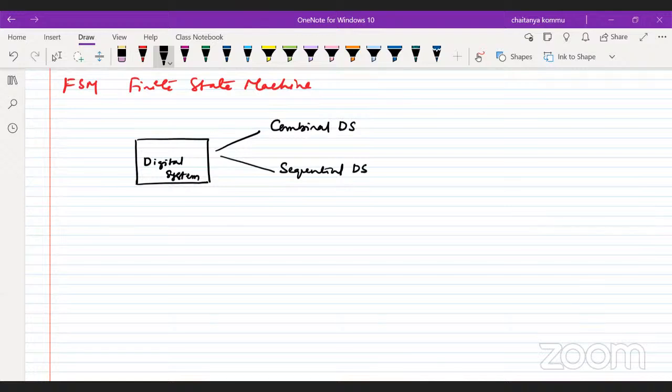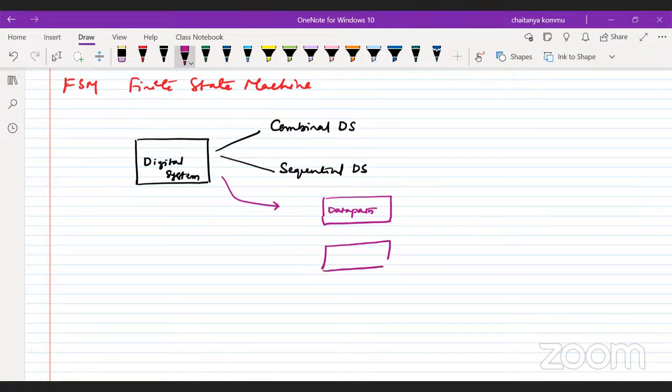So this is the general view of representing it. Another method is also there. The digital system can be considered as a data path unit and a control unit. Any digital system can be represented by using these two components.